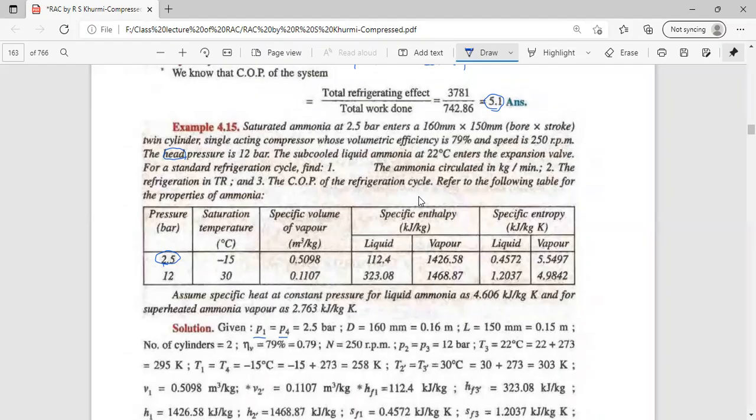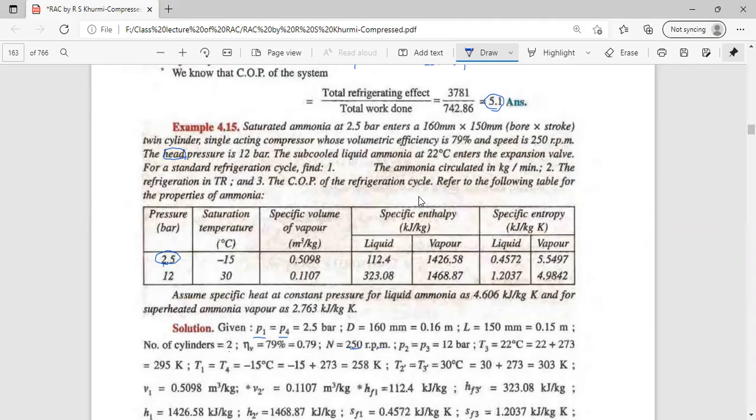Generally, we always use a reciprocating compressor in our system. So length is given as 150 millimeter, equal to 0.15 meter. Number of cylinders is 2. Then volumetric efficiency is 79% or 0.79. The RPM is given as 250 RPM itself.